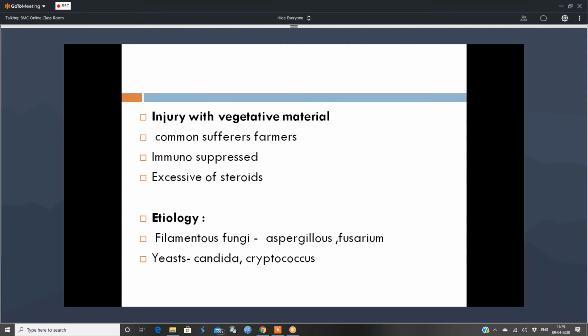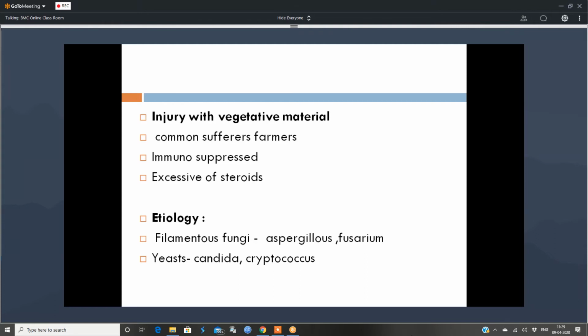Also, fungal ulcers are common when there is excessive use of steroids. For example, a case of chronic allergy where the person has been using steroids for long can land up in a fungal corneal ulcer. Similarly, in a severely immunocompromised person, fungal ulcers are very common. So what are the causative organisms?